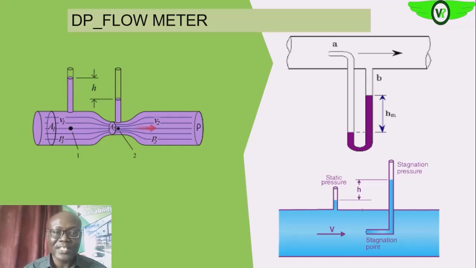And then as the flow is throttled, the velocity will increase, and that will reduce the pressure. So this pressure differential, okay, caused by the venturi action, is actually determined by the flow rates across this section of the pipeline.